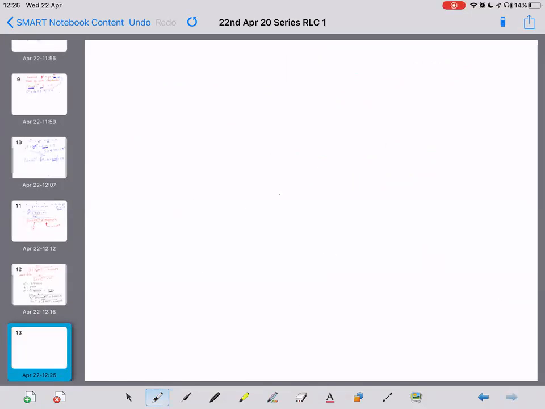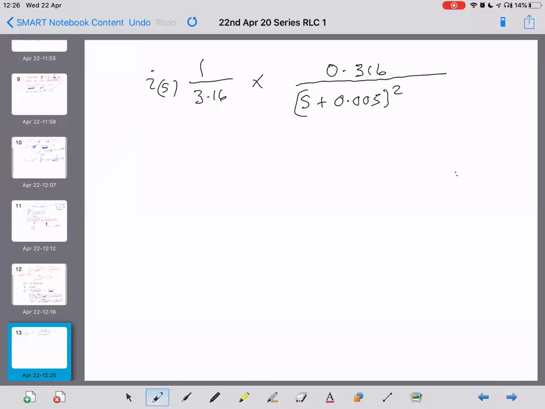We've got IS finally is equal to 1 over 3.16 times 0.316, that's what we said omega was, divided by S plus 0.005 all squared plus 0.099975.